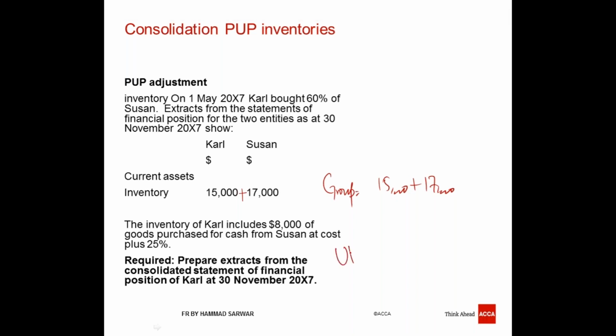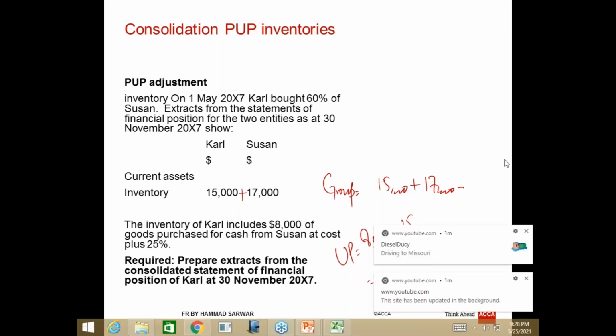So all you need to do is to deduct the unrealized profit. So we are calculating the unrealized profit here. The inventory includes 8,000. 8,000 is the price of the goods at a cost plus 25%. Means the profit will be 25 upon 125. So it should be deducted from here.